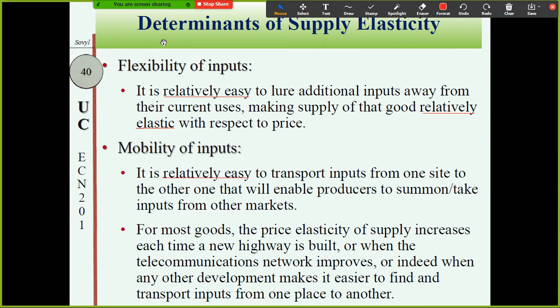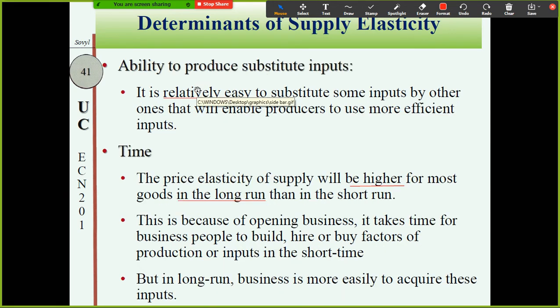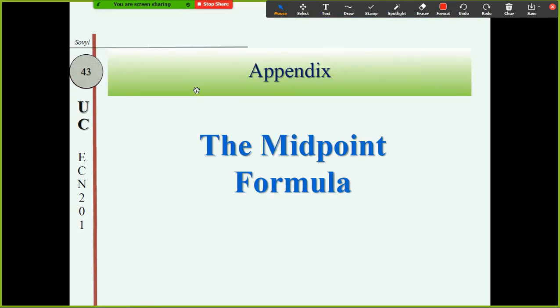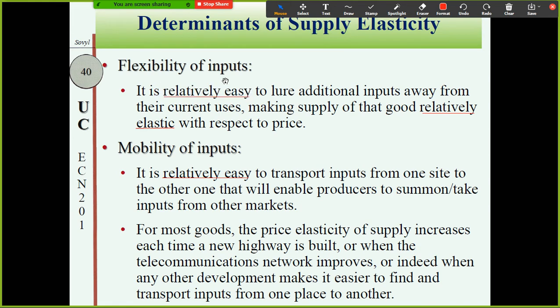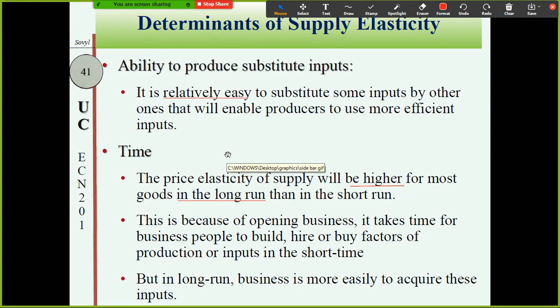What factors make the price elasticity of supply more elastic or inelastic? There should be four points, but actually there are only two. There are two factors that make our price elasticity of supply more or less elastic.